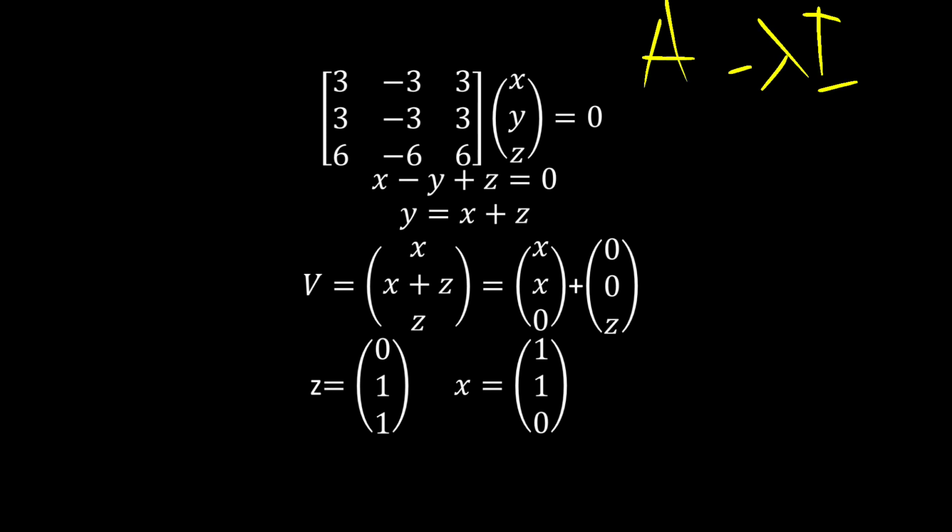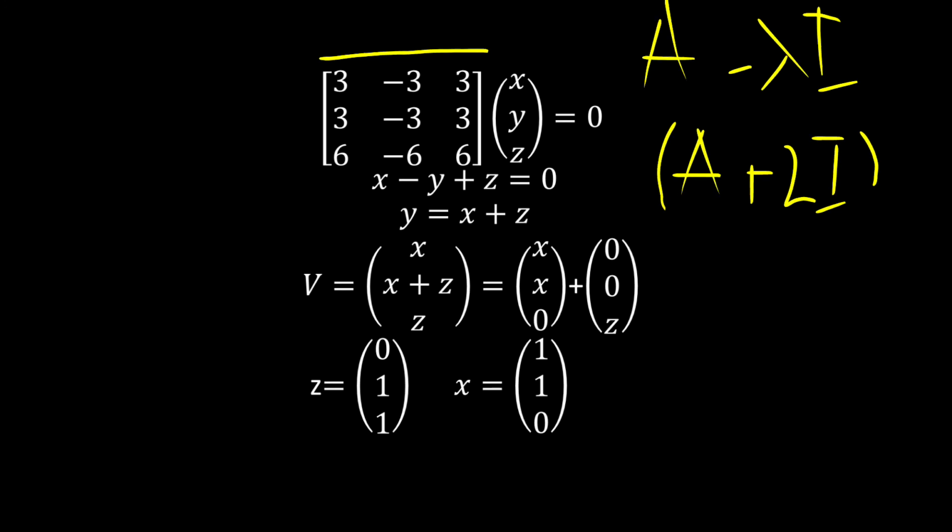We have -2, so for the first one you are doing basically A minus (-2)I, which becomes A plus 2I. Now you have to solve that, and when you solve this, you basically have this.